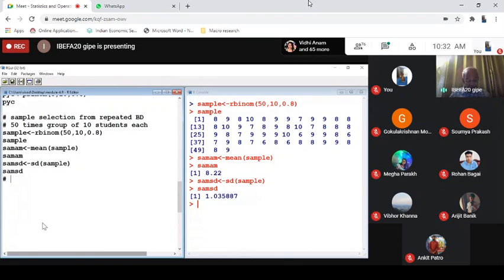So this means sample mean will be closer to NP, and NP equal to 10 multiplied by 0.8 is 8.